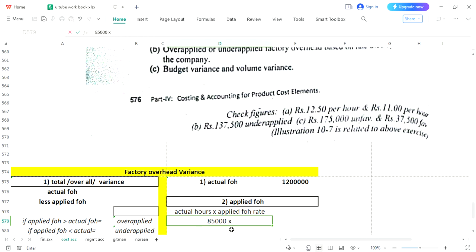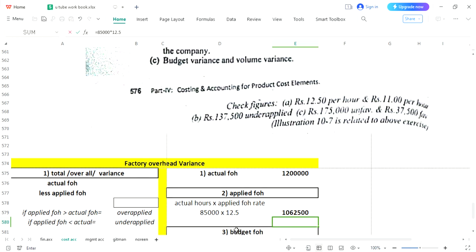Here we will use expected capacity which was 12.5. Statement is completed. You can put it on your calculator, 85,000, and it would be multiplied by 12.5, which is total applied FH rate based on expected capacity.